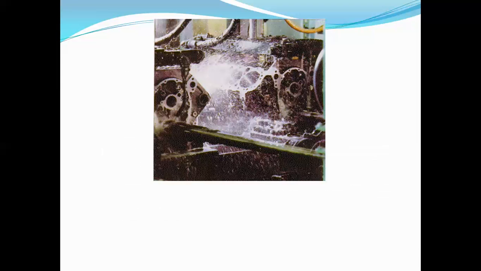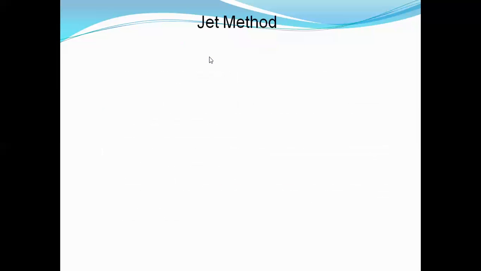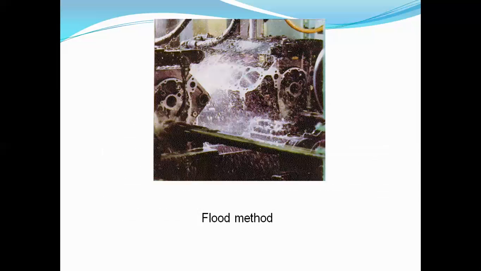In the diagram, you can observe the cutting fluid application. The white color is the coolant, right? And it is forcefully injected on the cutting zone to reduce the heat affected.